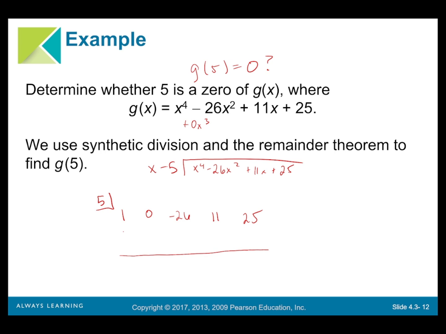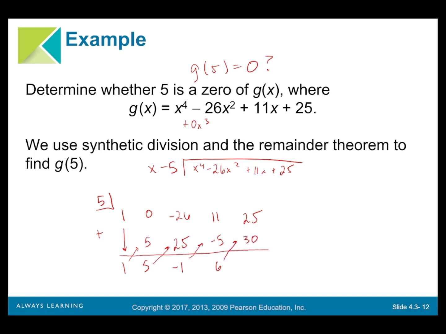And now we start with our algorithm. We drop the 1. We do 1 times 5 is 5. If I add 0, remember we're always adding, add 0 and 5, we get 5. 5 times 5 gives me 25. Negative 26 plus 25 is negative 1. Negative 1 times 5 is negative 5. 11 plus negative 5 is 6. 6 times 5 is 30.